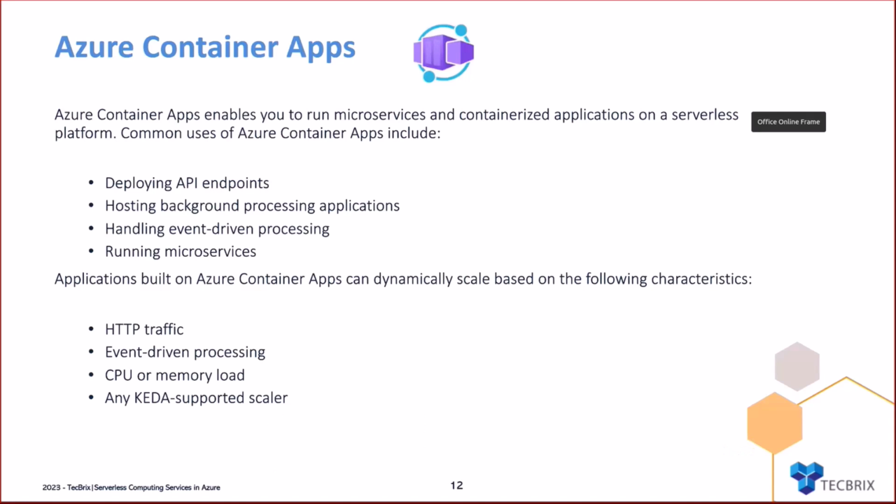They can be based on the HTTP requests that our application is having. We can have some event-driven processes. If CPU or memory load has increased, it will definitely scale up. If we have containers that have to be scaled up, we have KEDA, that is Kubernetes event-driven auto-scaling supported scaler as well.